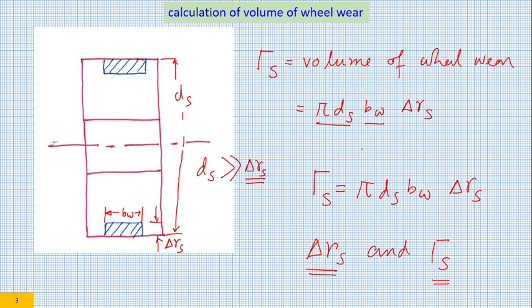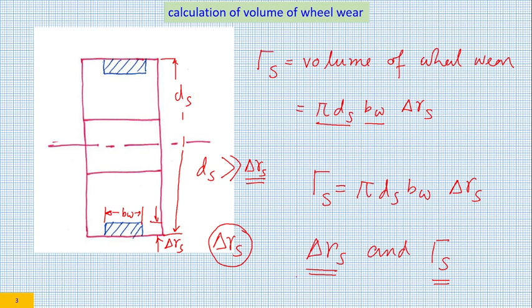So that is the area, that into delta r, that is in the radial direction, that will give you the total wheel wear. So this wheel wear volume is as if like an annular disc. It is like an annular disc having very less annular thickness. How much is the annular thickness? It is delta rs. So if you can visualize that, then you would be able to understand how much is the volume of wheel wear.